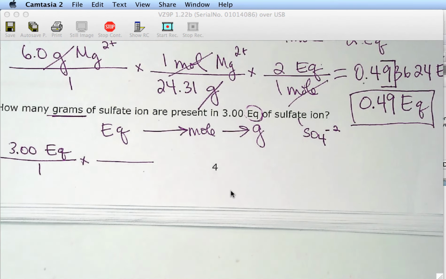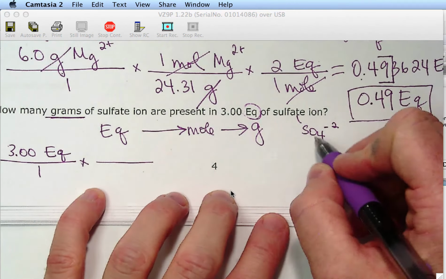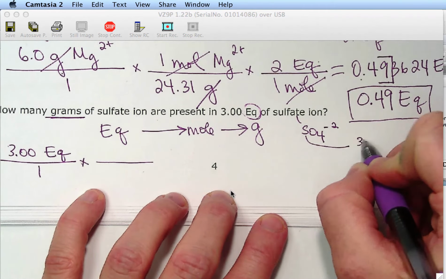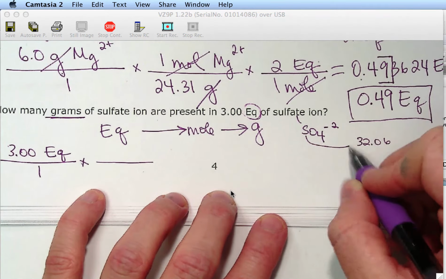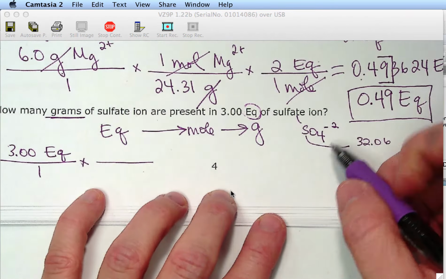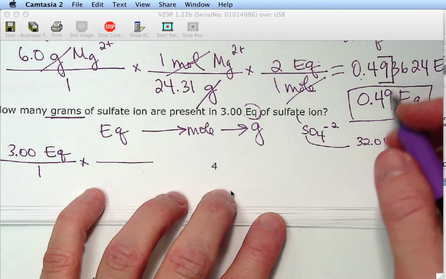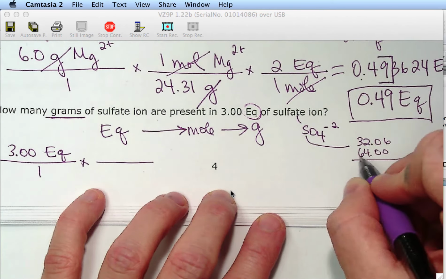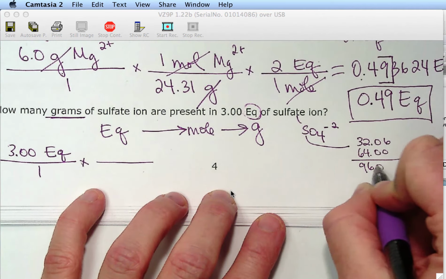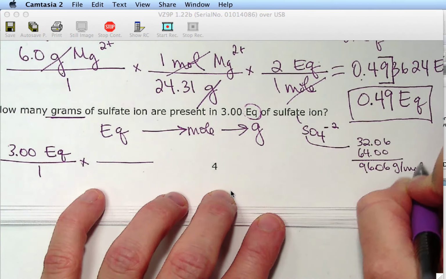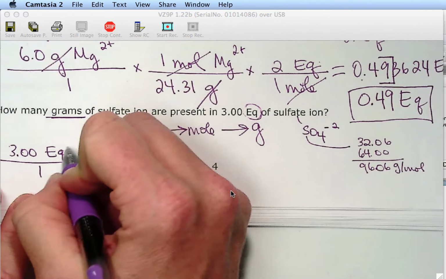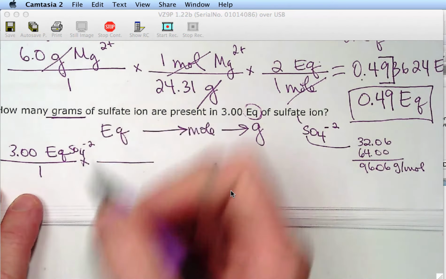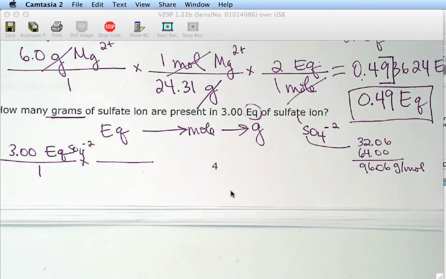What did you get for the molar mass of sulfate? 96.06. So you have 32.06 from sulfur, and then 16 times 4 gives you 64. So 96.06 grams per mole. The first step that we have to do here is convert equivalents to moles.